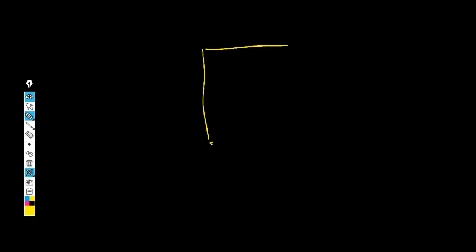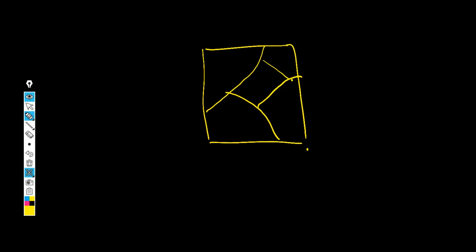Imagine we have grains like this. We have a material with grains like this. If I apply force in this direction and force in this direction, doesn't the material have dislocations? Doesn't every grain have dislocations? Yes. What will happen?